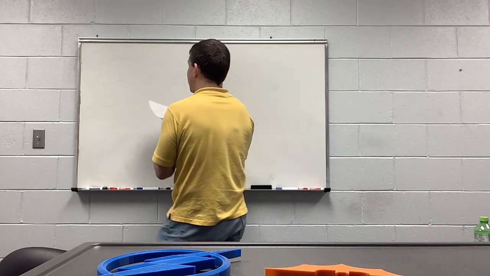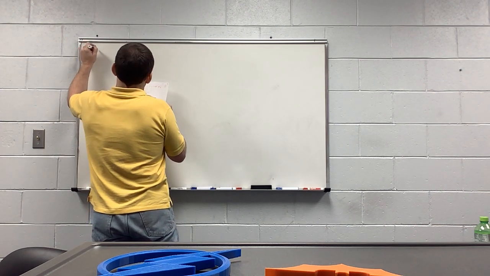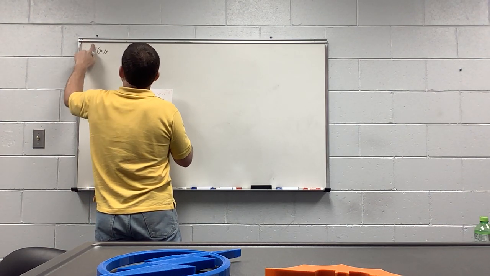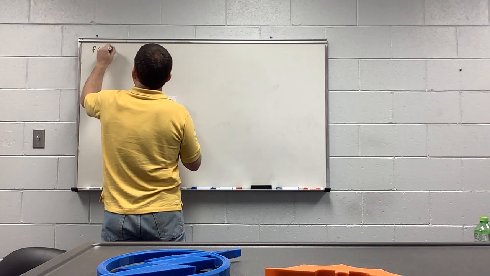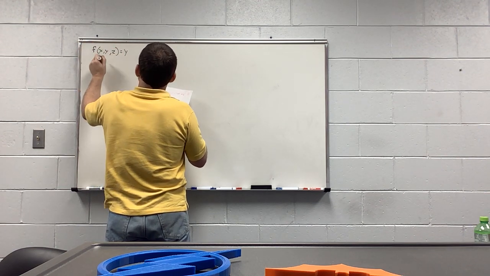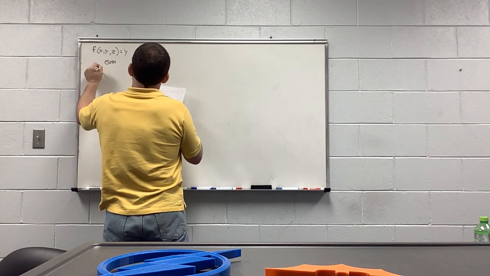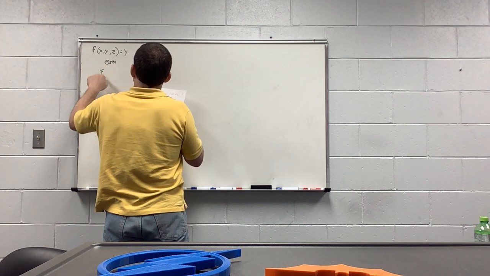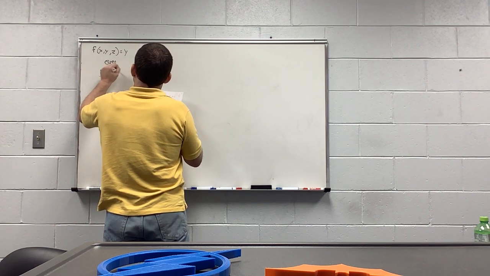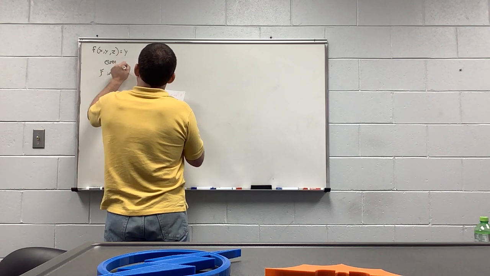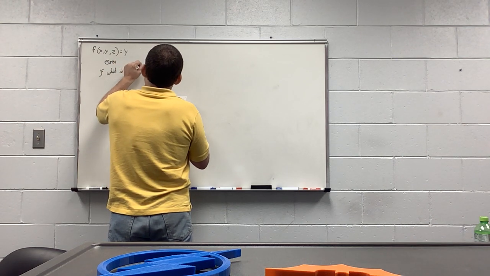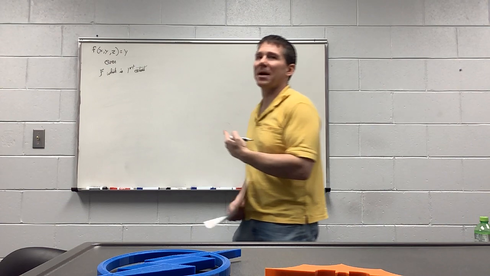So suppose I have this nice, simple function. Make sure that's lowercase f so there's no confusion. f of x, y, z equals y over the region F, which is, again, the first octant. And these do not have to be in the first octant by a rule.